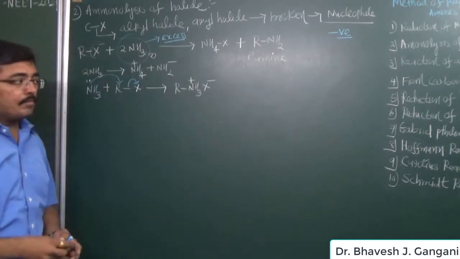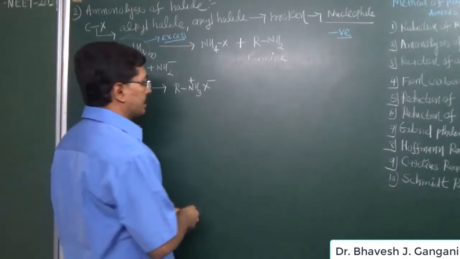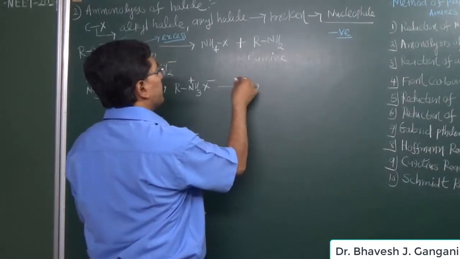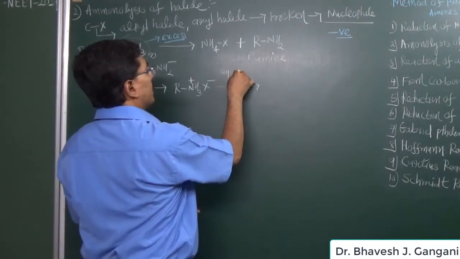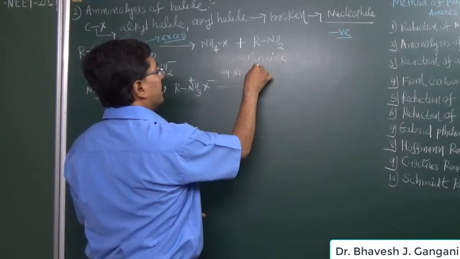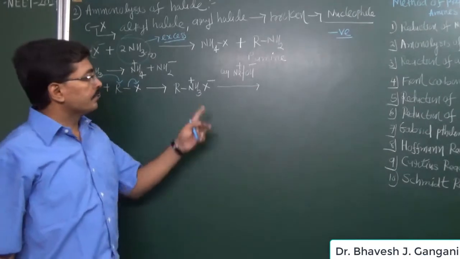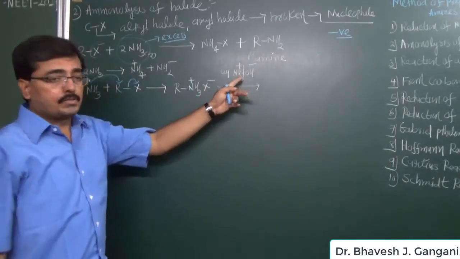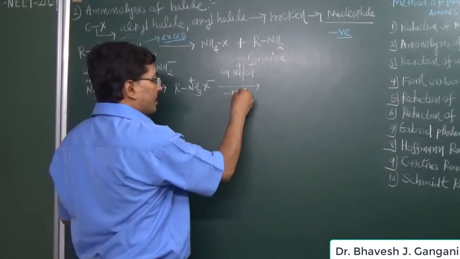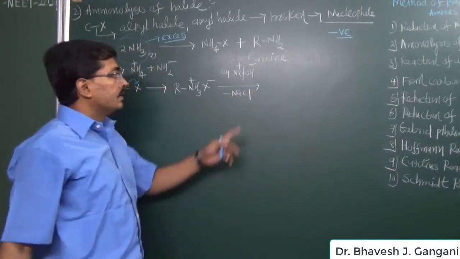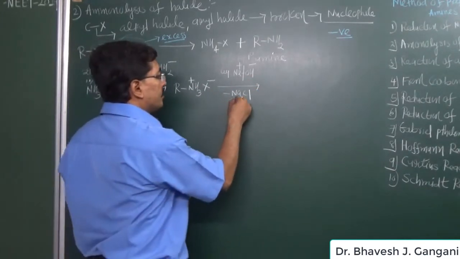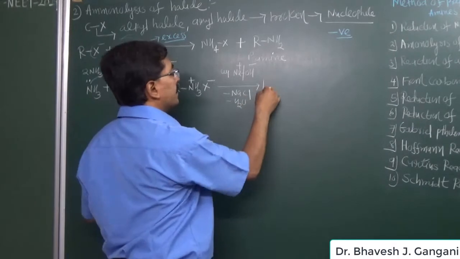From this, an amine can be obtained by using a concentrated solution of alkali. When the alkali reacts, the halide combines with sodium and is removed in the form of NaCl, and OH combines with H and is removed as a water molecule.